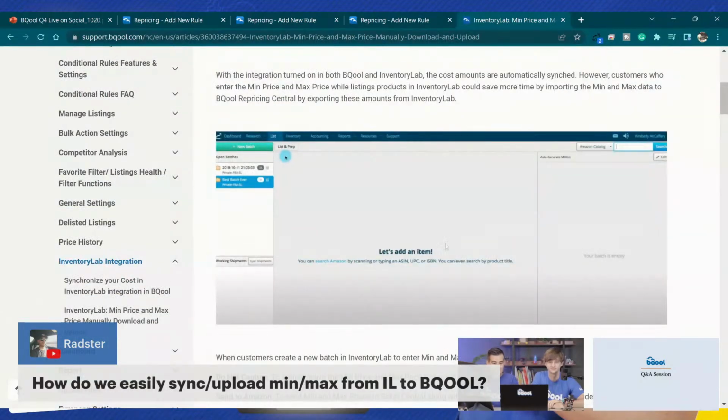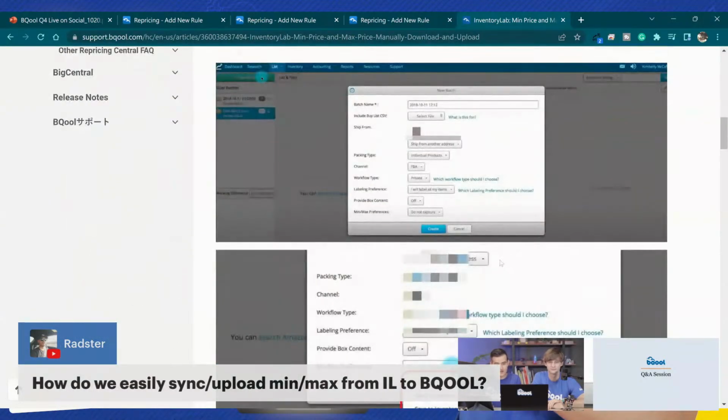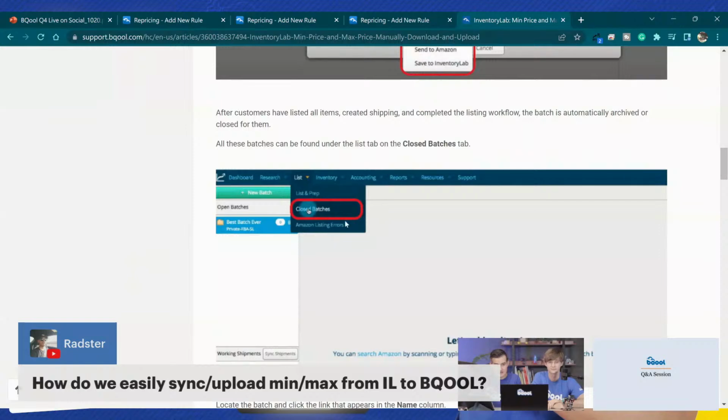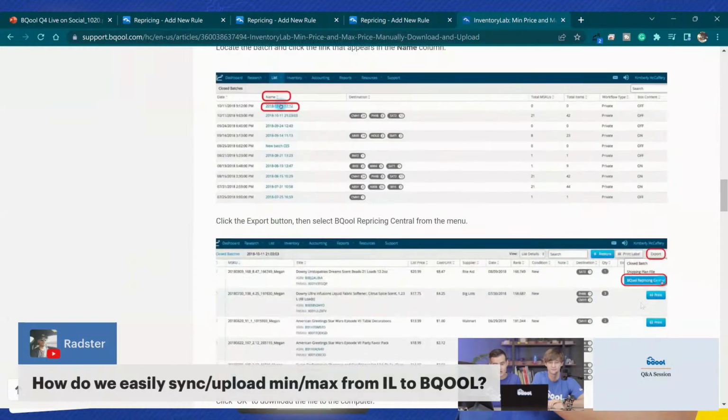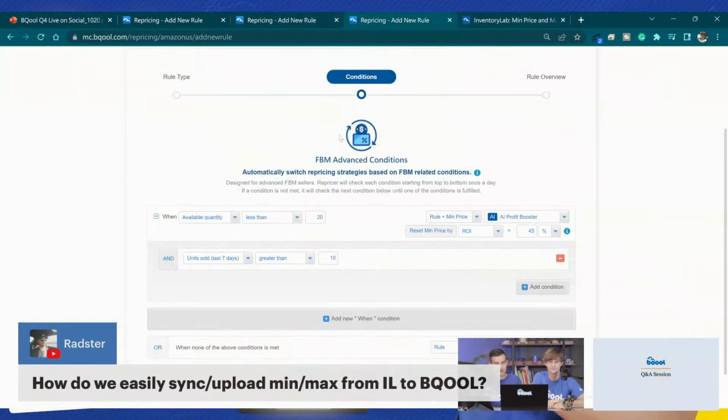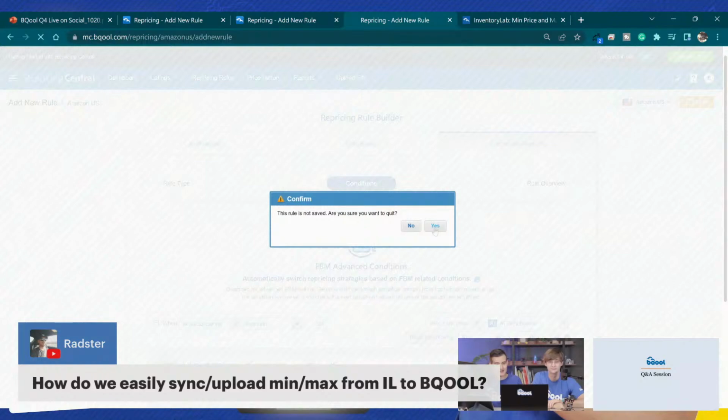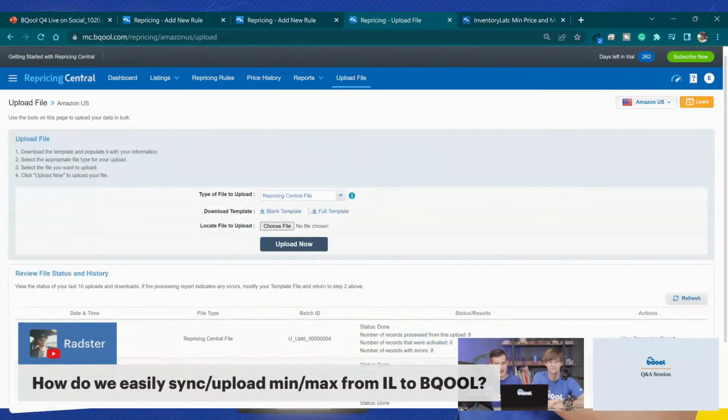So you could export it from a closed batch. After you have it in closed batch, you can export it as a BQool repricing template, and then you can upload it into BQool here. I'm just going to show you where that is. This is in the upload place, and there is an IL closed batch report, which you could upload your min and max prices.